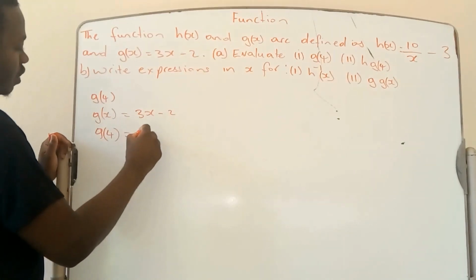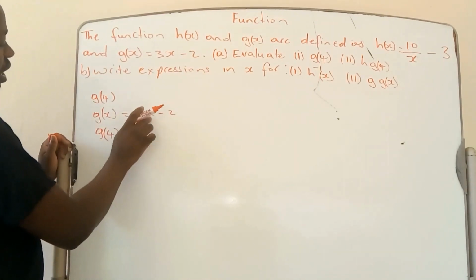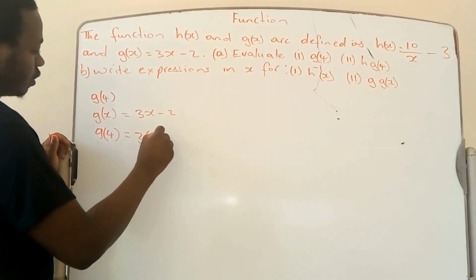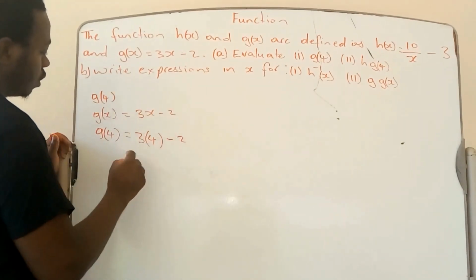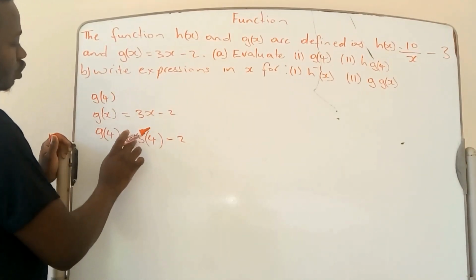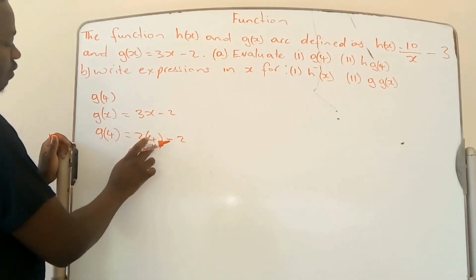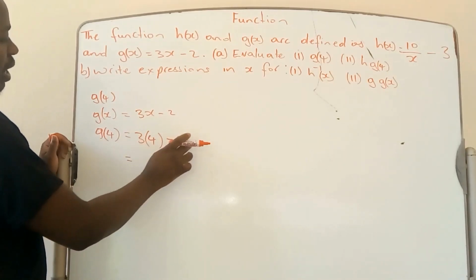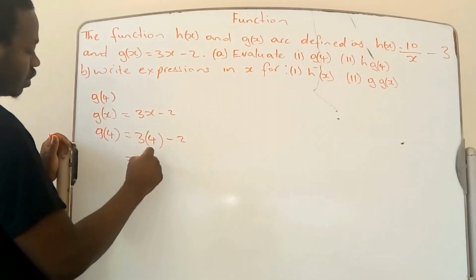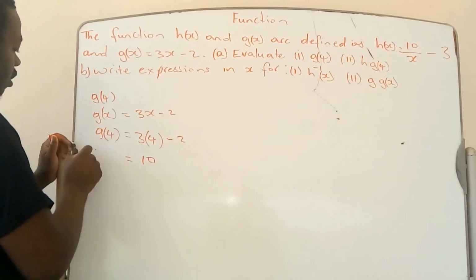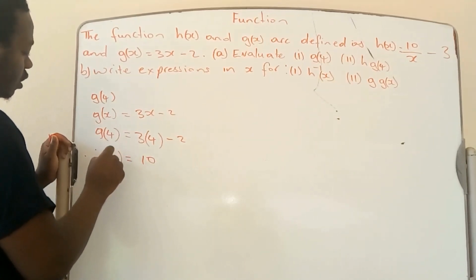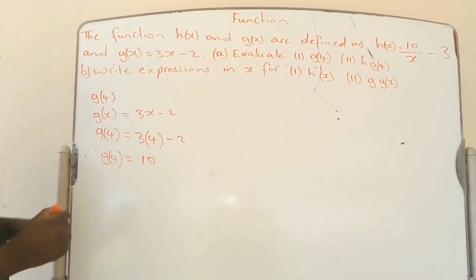So this is going to be 3, instead of writing x, you're going to write 4, minus 2. Simplify this. 3 times 4, that's 12. 12 minus 2, that's just 10. So therefore, g of 4 is equal to 10.